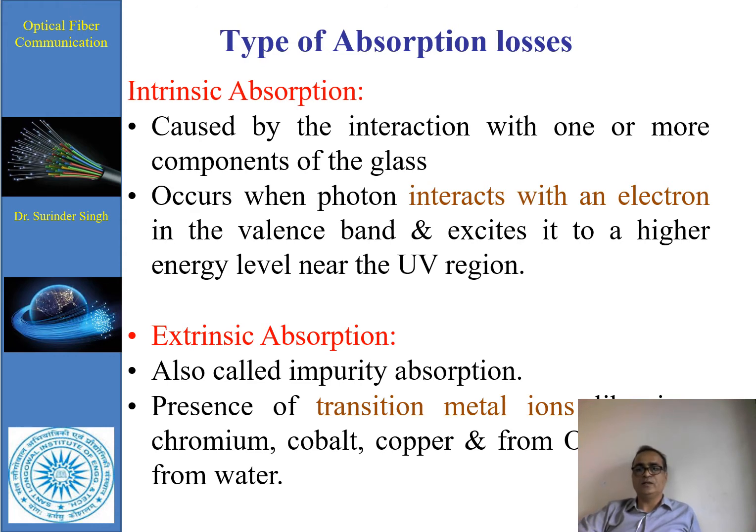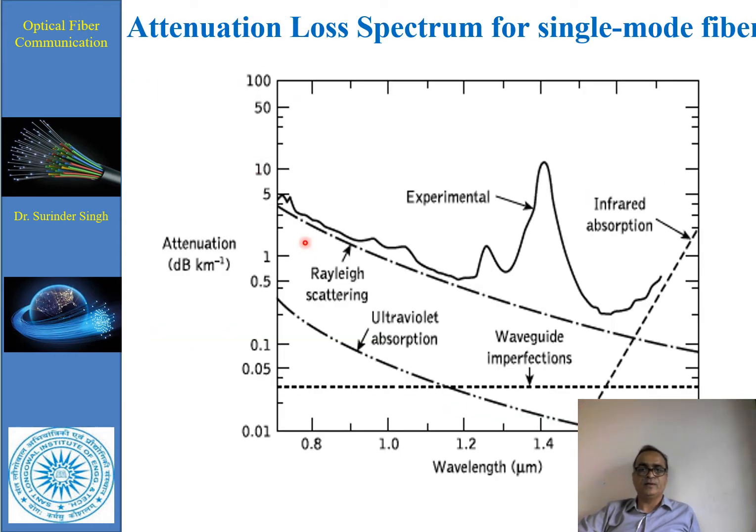So if you see experimentally, this is the UV absorption and IR absorption which we have observed from intrinsic absorption, whereas for the extrinsic absorption, there is the presence of some impurity atoms.